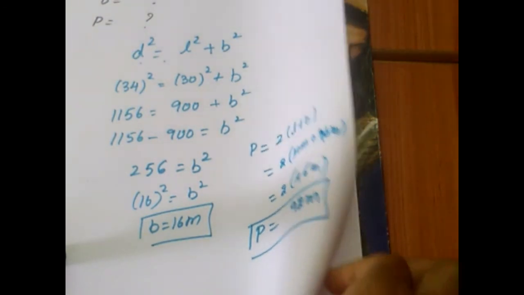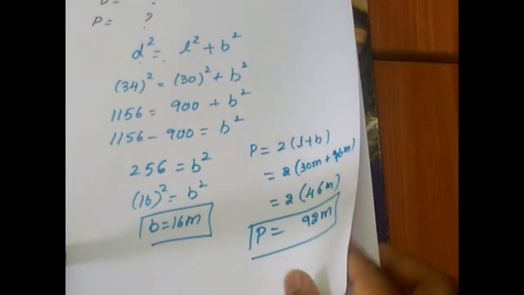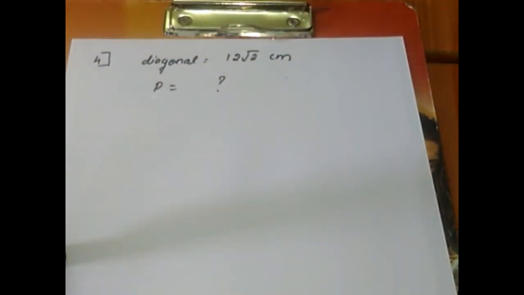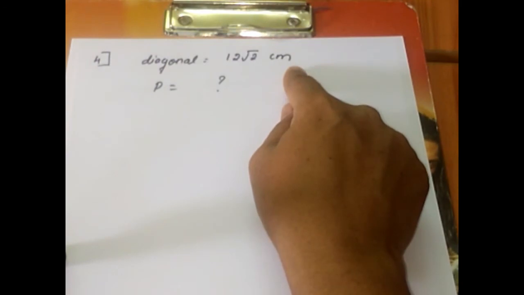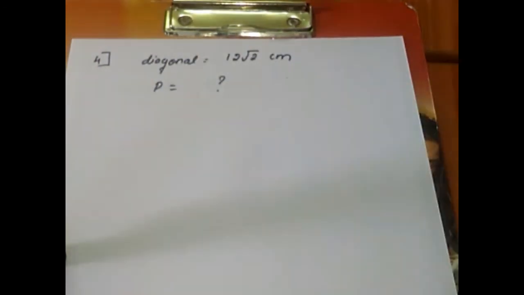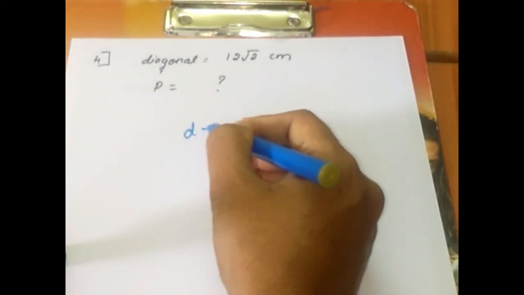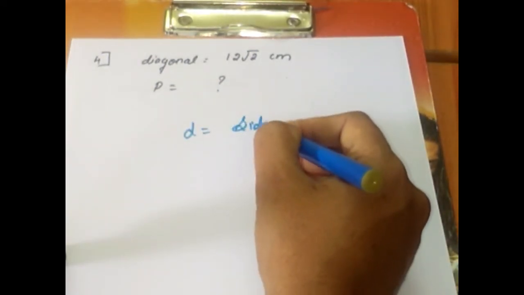Next, question number 4. In question number 4 also, the problem is related to the diagonal. The question is like this: the diagonal of a square is 12 root 2 centimeter. Find its perimeter. We already know the formula for the diagonal of a square is side into root 2.